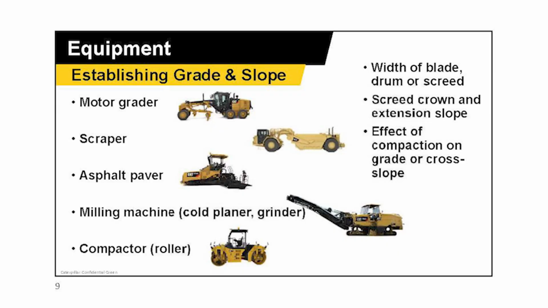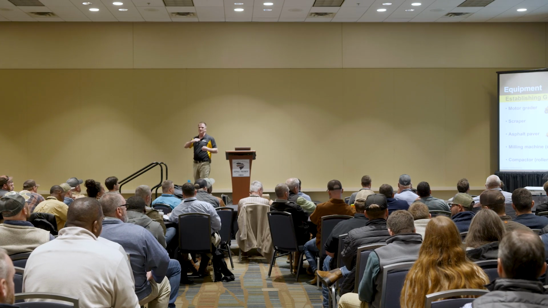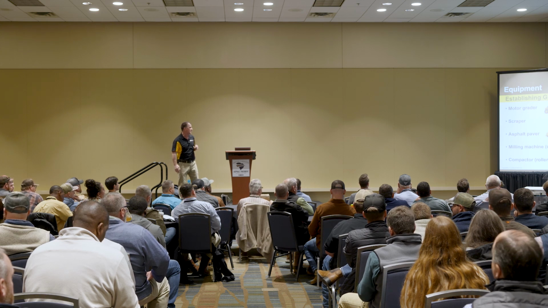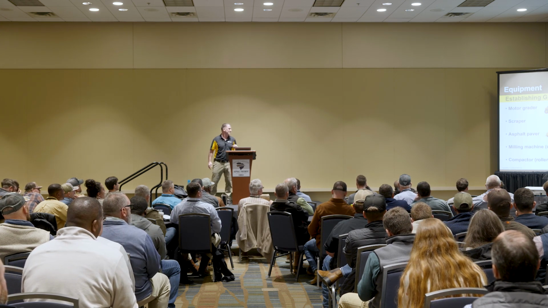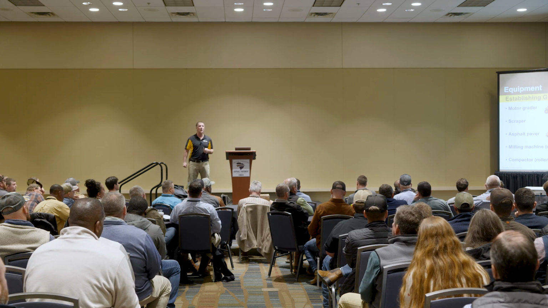When we look at the equipment, depending on whether it's new construction, mill and fill, or overlay, we've got all kinds of different equipment that could be involved in getting that initial grade and cross slope. I'm going to focus today on the paver, with a little bit of honorable mention for the milling machine or cold planer and the rollers.